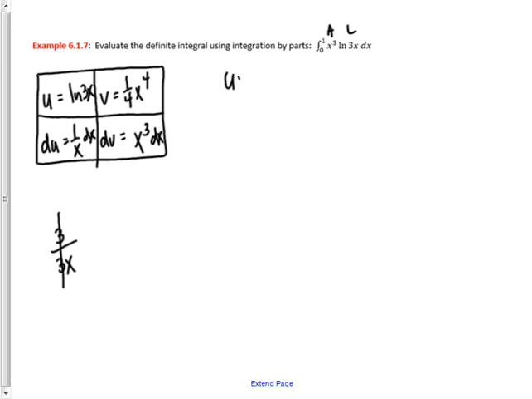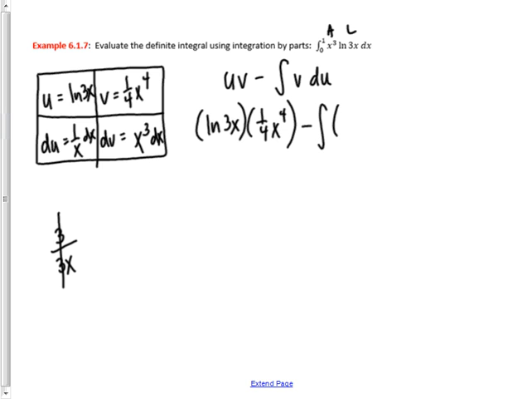Alright. uv minus integral of v du. So natural log 3x times 1/4 x to the 4th minus the integral of 1/4 x to the 4th times 1 over x dx.